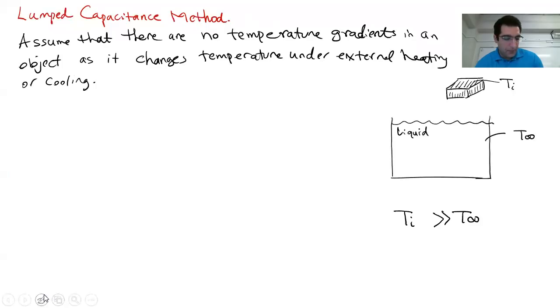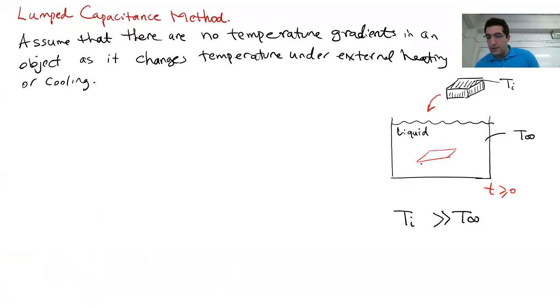So at time equal to 0 and onward, time greater than or equal to 0, we're going to drop this hot metal at the temperature of Ti into this cold liquid.